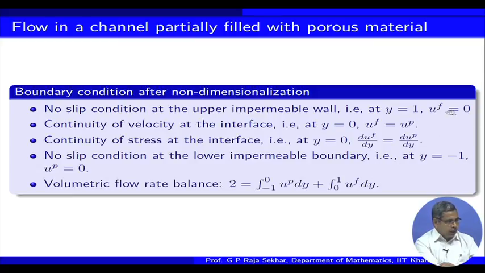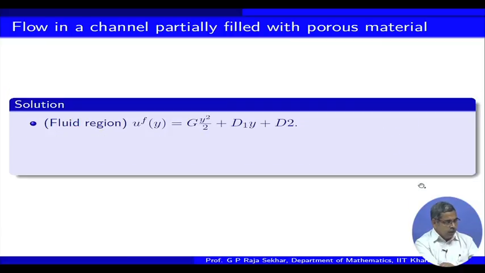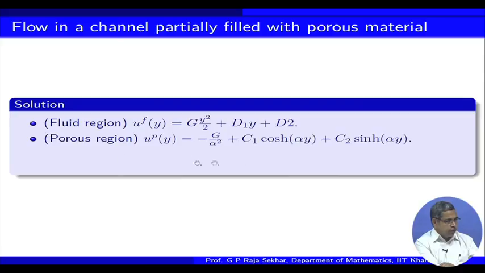Once we have the corresponding non-dimensionalization, we have the volumetric flow rate balance in this form. As I indicated, we get two arbitrary constants d 1 and d 2 for the fluid region, and for the porous region we have two arbitrary constants.